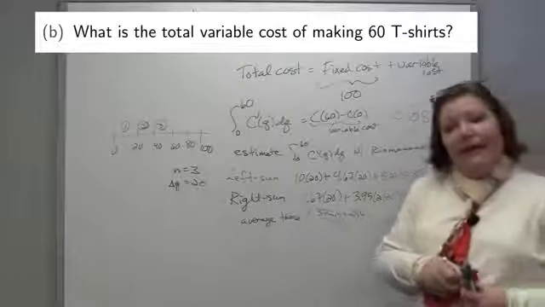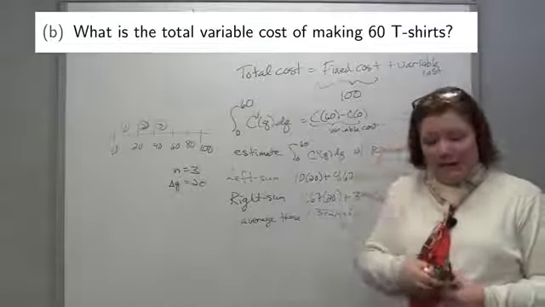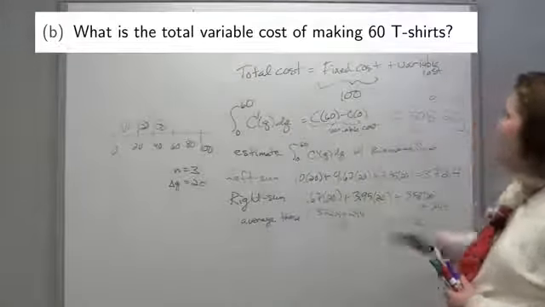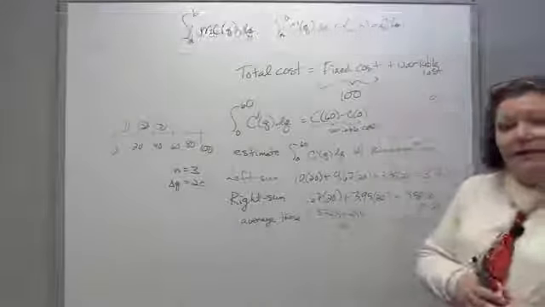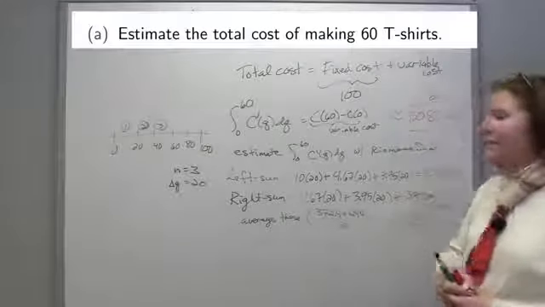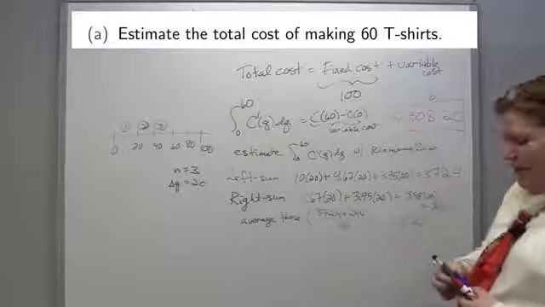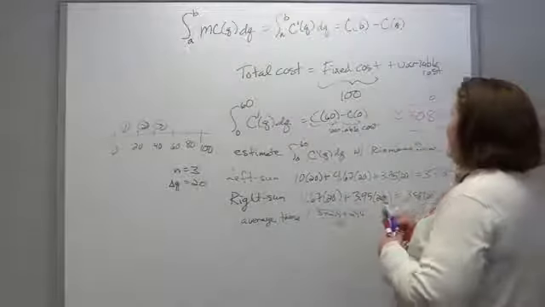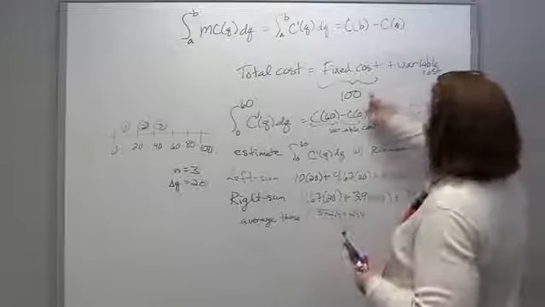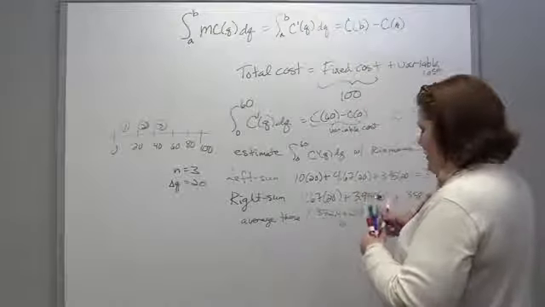So we ended up doing this a little bit out of order. And then part A, the total cost of making 60 t-shirts, would be the fixed cost plus the variable cost. And so for part A, we're looking at 100 plus 308.20.